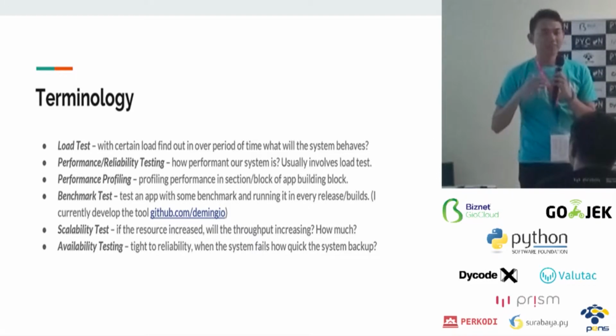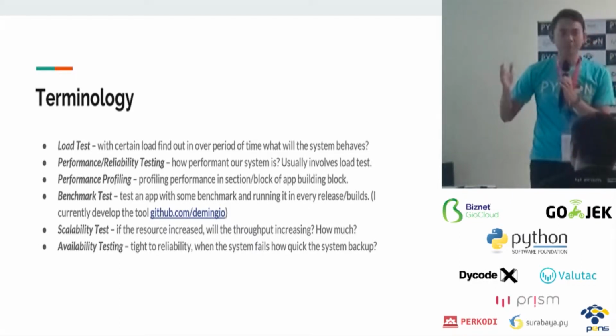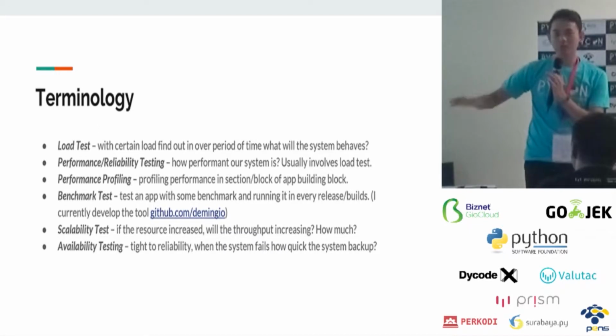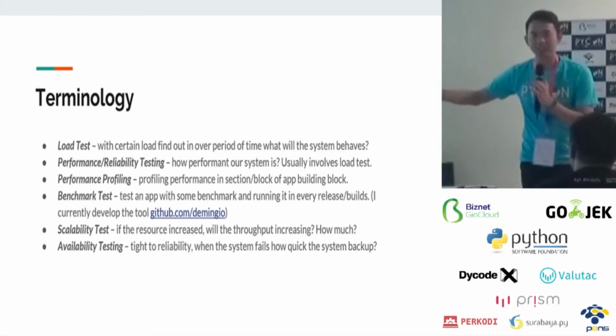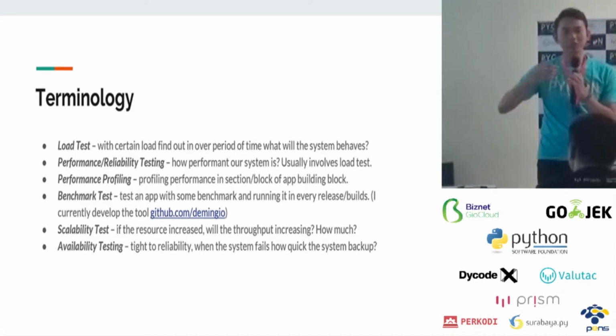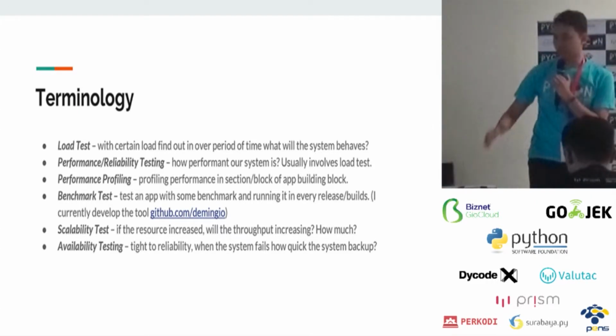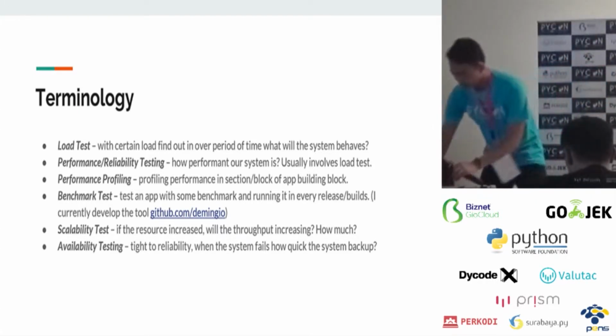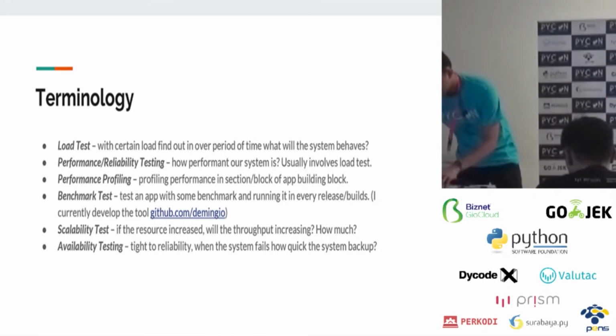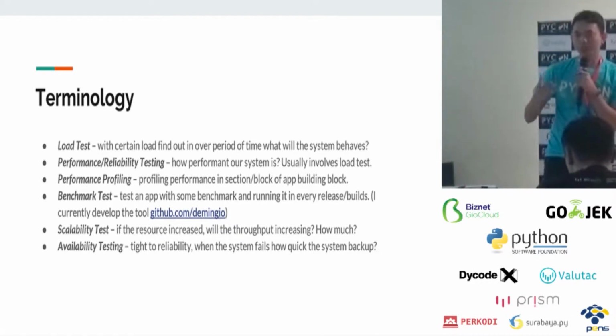Maybe you already have an app in production with a certain resource setup: load balancer, cluster, and everything. Now, if you want to add more resources, perhaps an increase in hardware, more RAM or more processors, you want to know whether the performance of your app will increase with this.